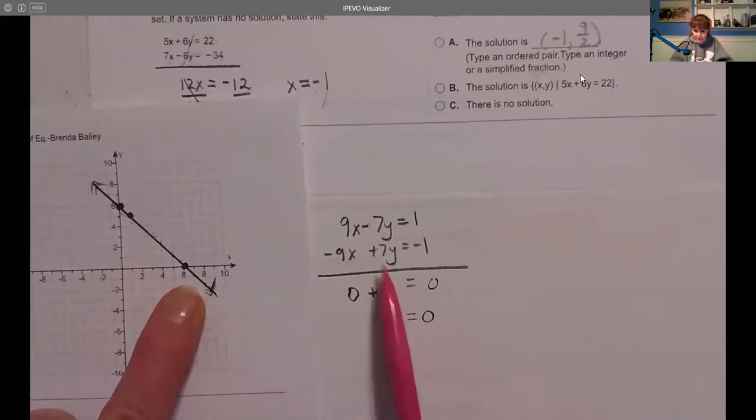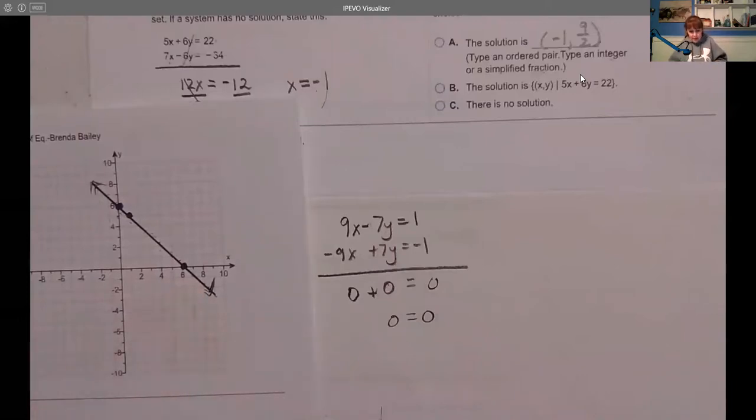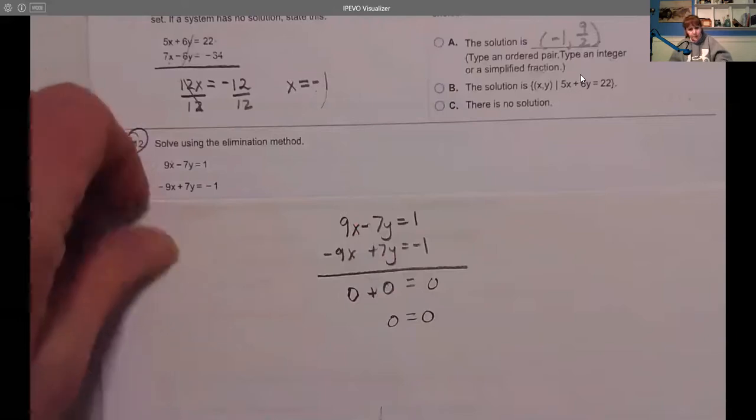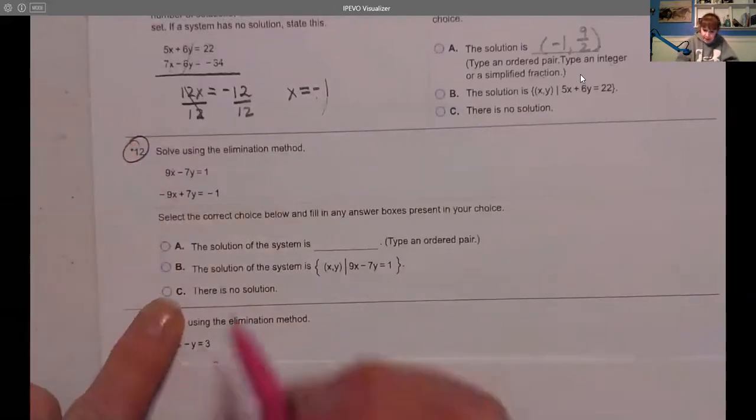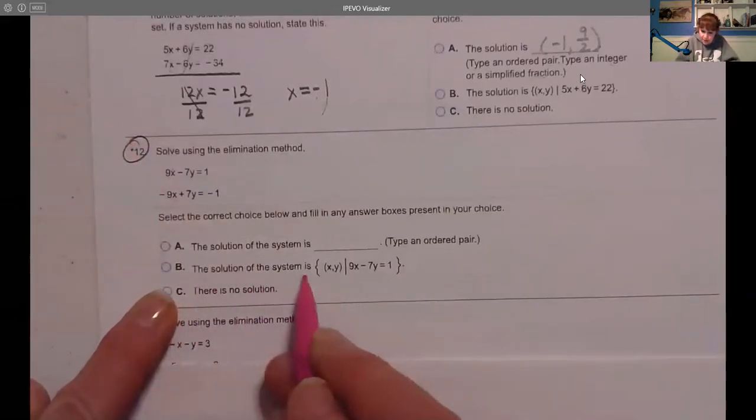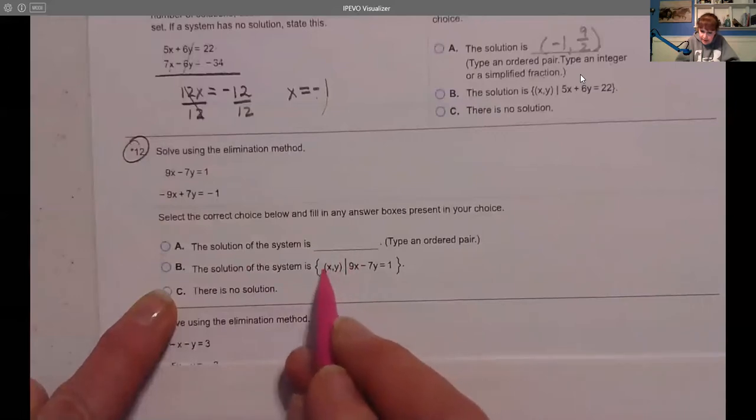If you were to graph these, you would get the same line. So your answer here, when the variables drop out, you'll have two choices, infinite number or no solution. If it's true, it's an infinite number of solutions. And MyMathLab will give you that choice, which is kind of nice. The solution set is the set of all x's.